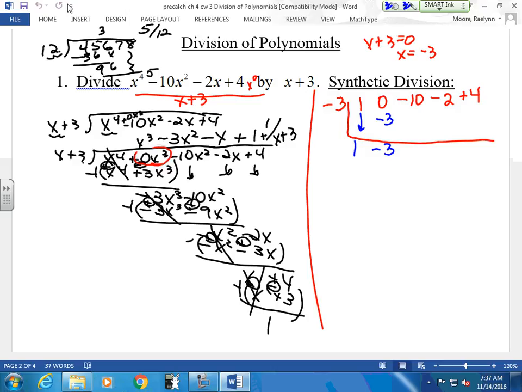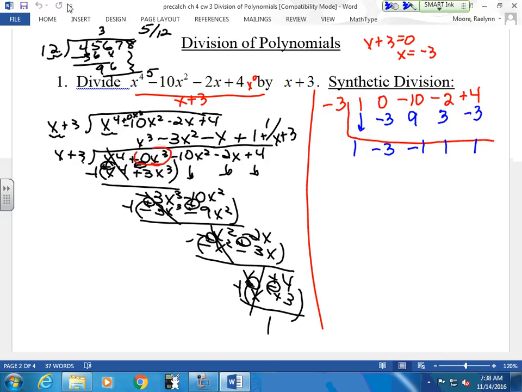I multiply from my left, get my answer, go to the right. Negative 3 times negative 3 is 9. Add down. Negative 1. Left to right. Negative 3 times negative 1 is 3. Add down. Negative 3 times 1 is negative 3. Add down. 1.